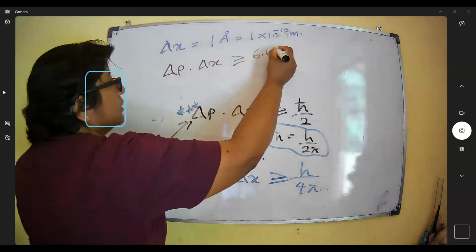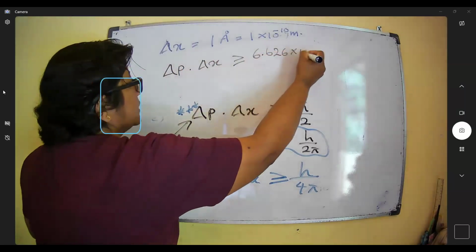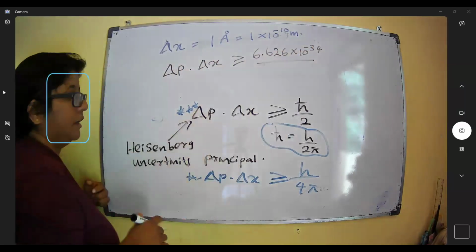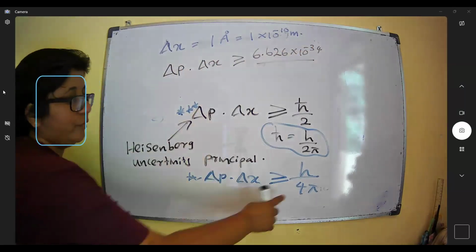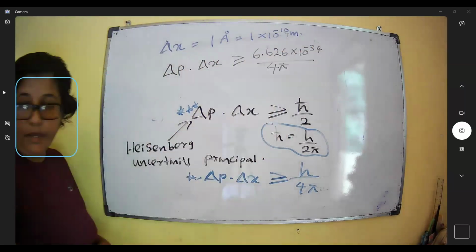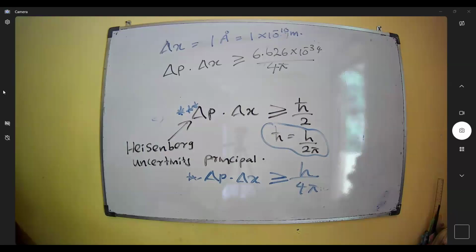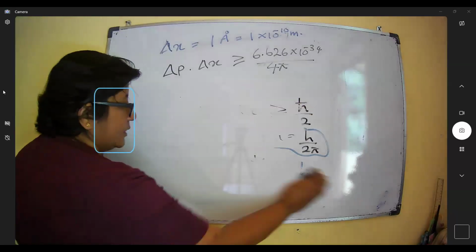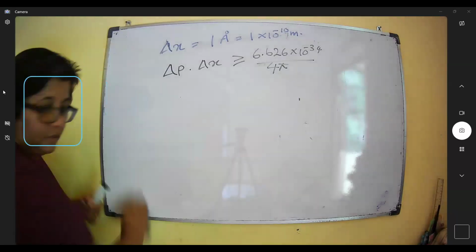6.626 into 10 to the minus 34, divided by 4 pi. At the minimum point we can take the equal sign.